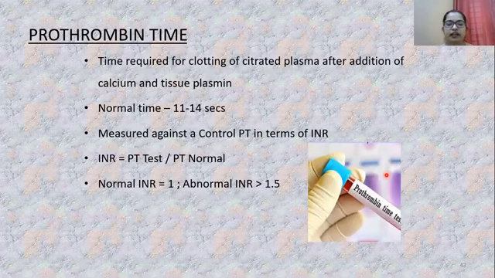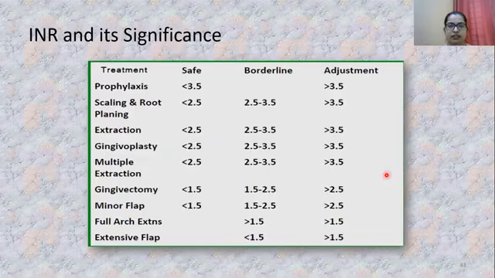So normally INR is 1. It is mainly helpful in patients who are on anticoagulants. Normal INR is 1, and anything more than 1.5 is considered abnormal. And this is the value for different dental treatments: the safe line, borderline, and the adjustment values of the INR.